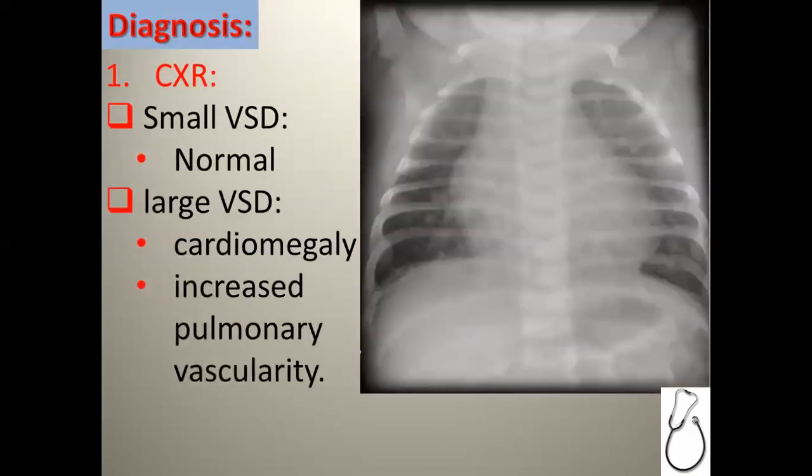It shows that in the small VSD, it is usually normal, while in the large VSD it will demonstrate cardiomegaly and increase in the pulmonary vascularity.